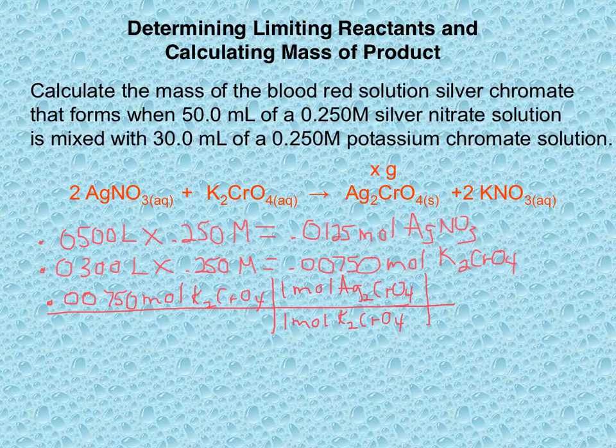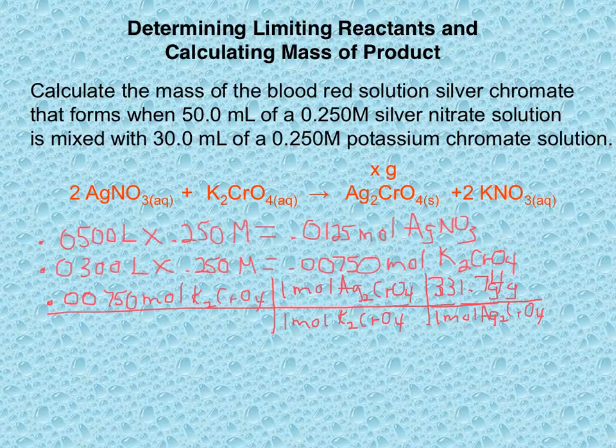And then the question's about grams, so we want to use the molar mass. 1 mole of the silver chromate has a molar mass of 331.74 grams.